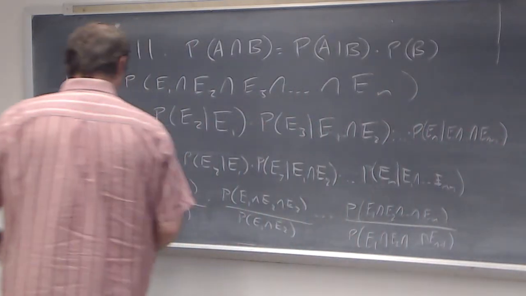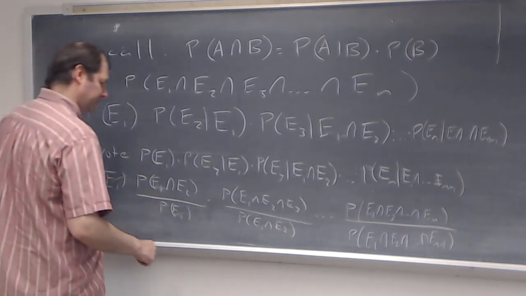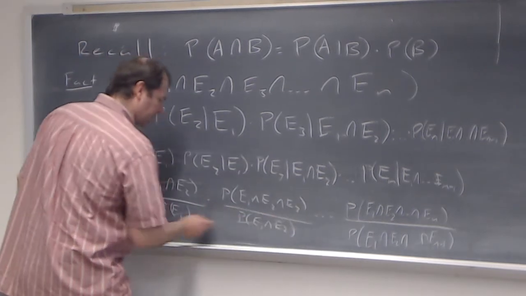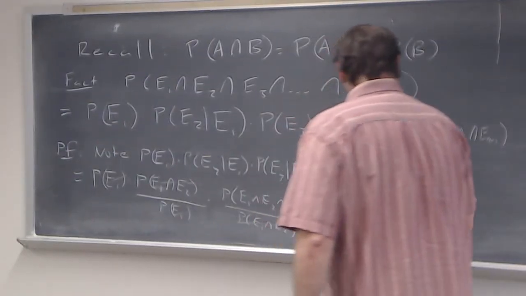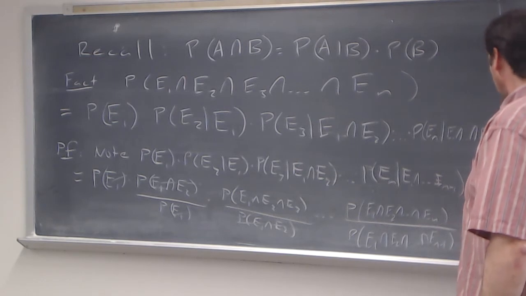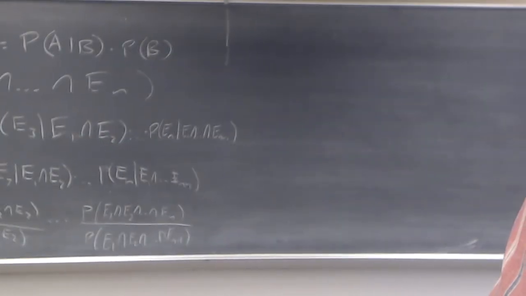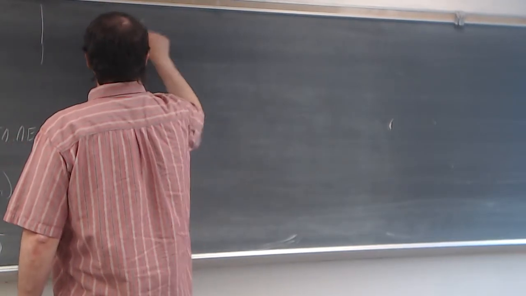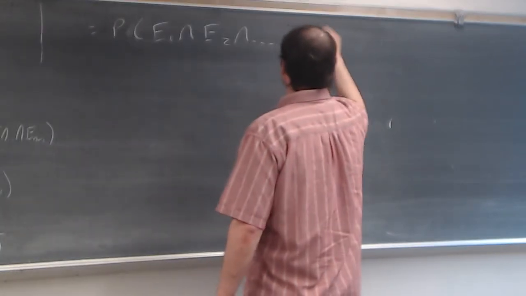And if you look, the probability of E1 will cancel with the probability of E1 in the denominator here. The probability of E1 intersect E2 cancels out the probability of E1 intersect E2 here. These cancellations will continue throughout, and what we're left with is simply the probability of E1 intersect E2 intersect all the way up to En.